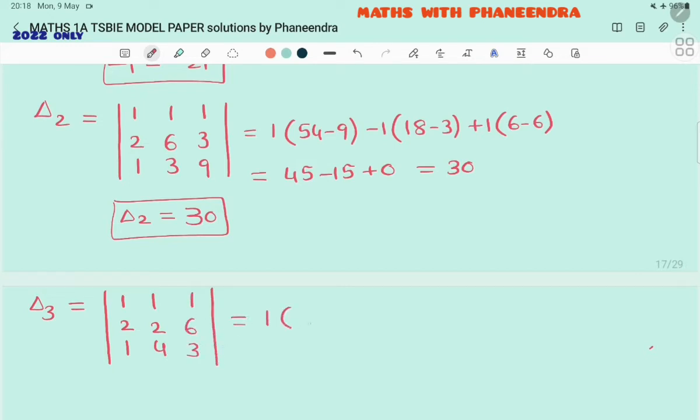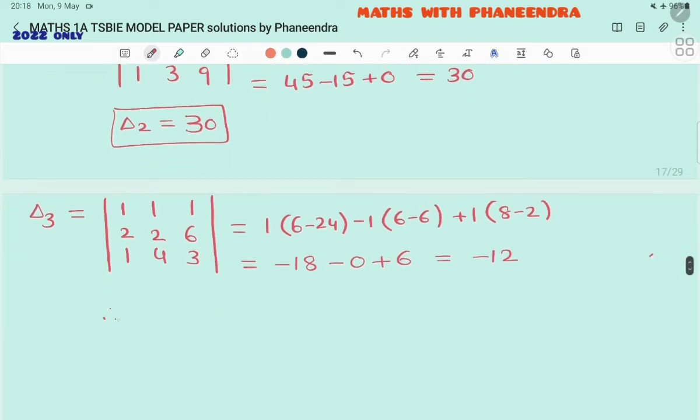Now calculate 1 into 6 minus 24, minus 1 into 6 minus 6, plus 1 into 8 minus 2. Which is equal to minus 18 minus 0 plus 6, which is equal to minus 12. Therefore delta 3 is equal to minus 12.